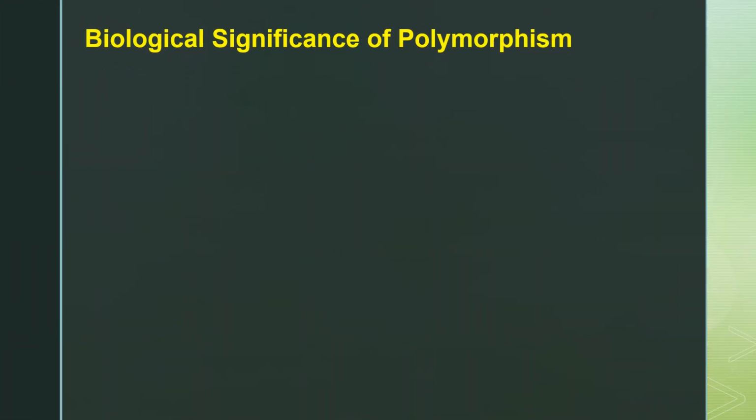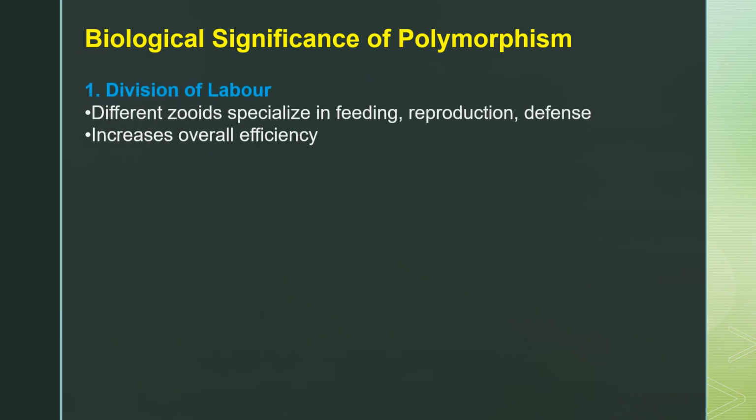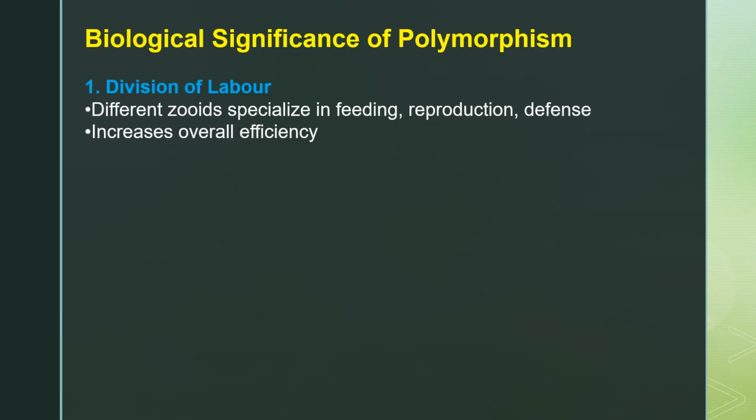Now let's see the biological significance of polymorphism. The colony shows division of labor. That means different zooids specialize in feeding, reproduction, and defense, which increases the overall efficiency of the colony.